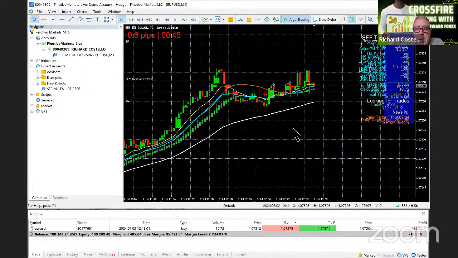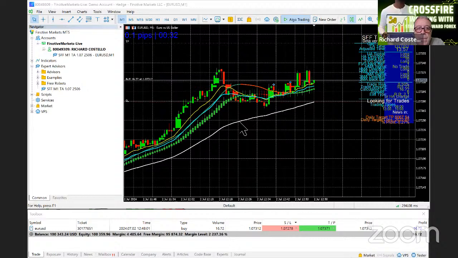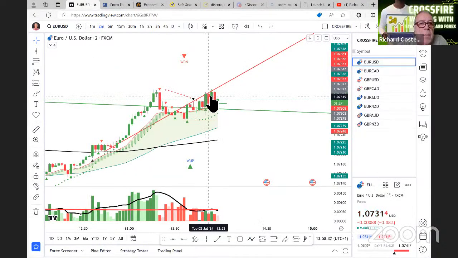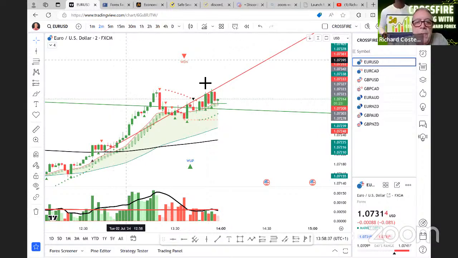So I'm going to go back to my TradingView chart. I want to be on the Euro USD. And you can see, look, this is the same pair we've just been looking at. We're currently on the 2-minute time frame.